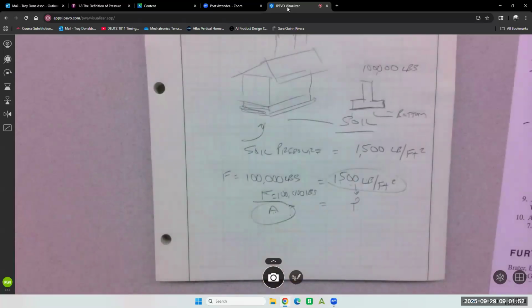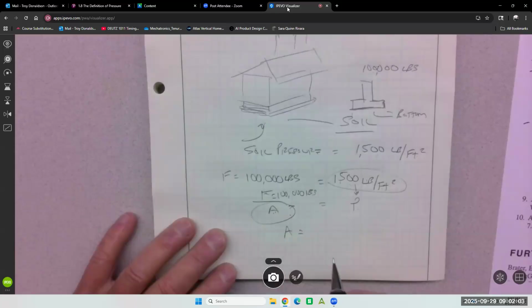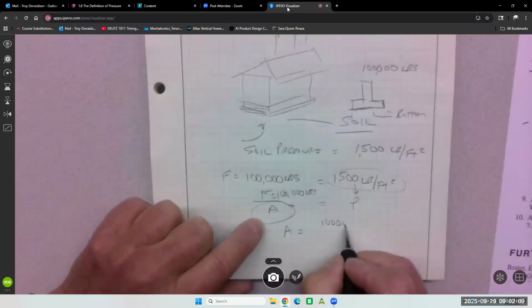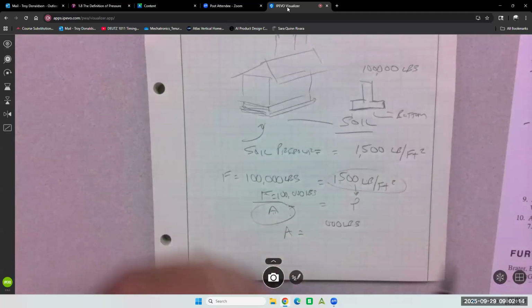How do we get the area? Algebra, basic algebra, right? So I'm going to move the P over. Area is going to equal 100,000 pounds. Oh, a few zeros are missing there.